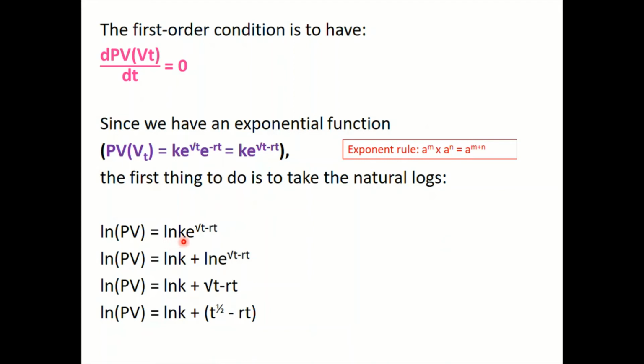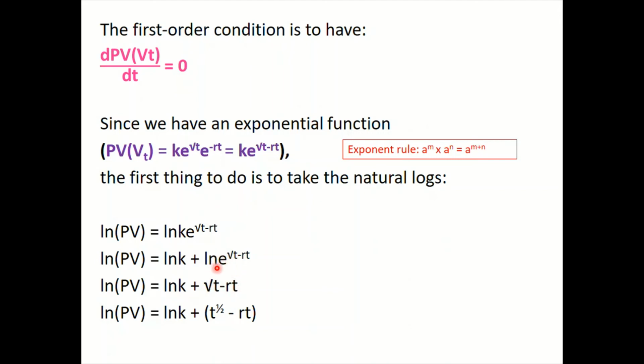We've taken the natural log, but here we've got k times e raised to this power. So using our rule of logs with respect to products, we can rewrite this as the natural log of k plus the natural log of e raised to all of this here in the exponent. And then recall the natural log of e raised to this power is going to be what we have in the exponent.